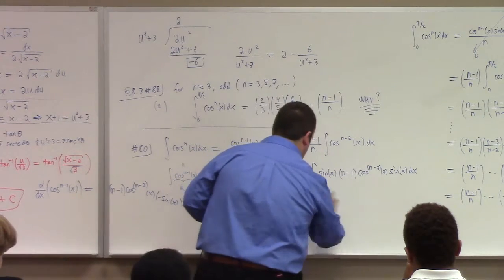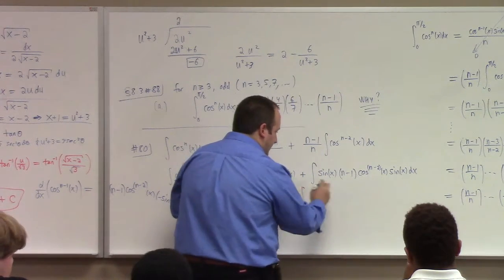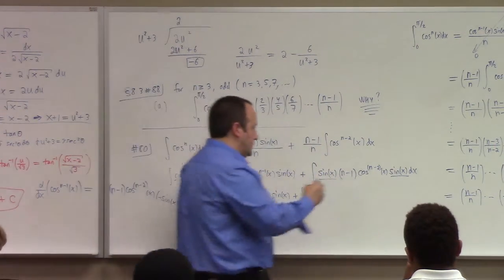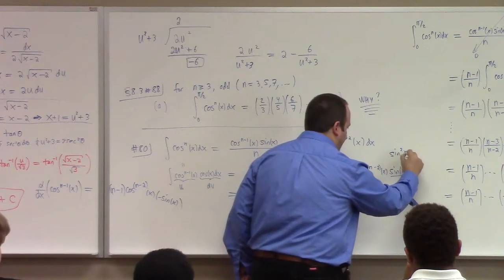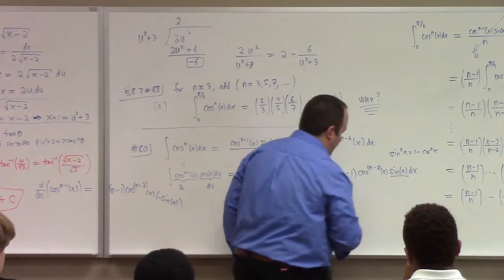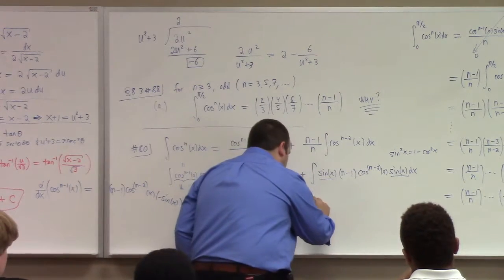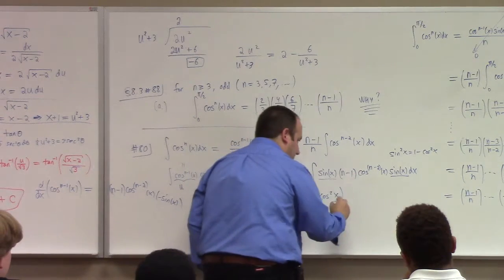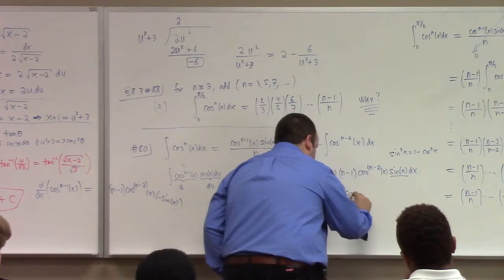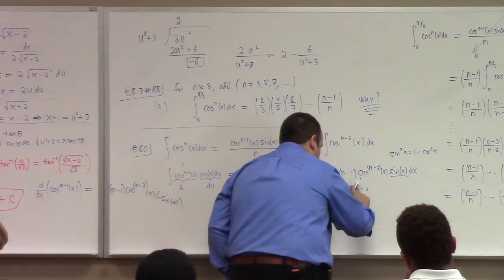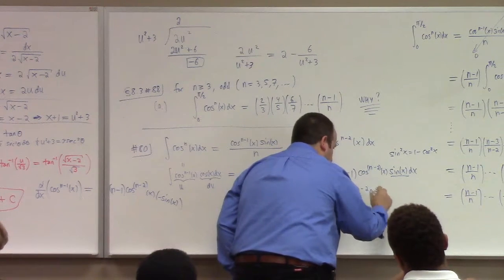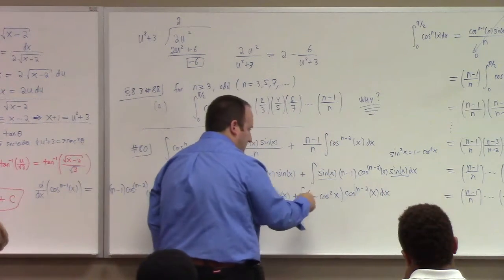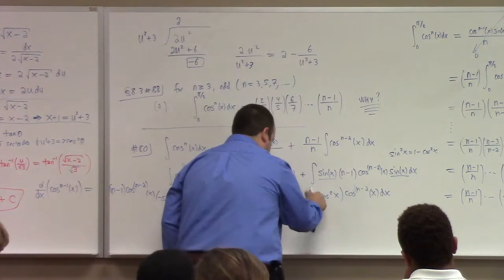Let me clean this up. This is sine times sine. What's sine times sine? Sine squared, right? But sine squared x is what? 1 minus cosine squared. So this is really 1 minus cosine squared x, right? That's my sine squared. And then I've got my cosine n minus 2 of x, and then dx, right? And there's also this pesky n minus 1 factor, which I'm going to pull out front, if you don't mind.